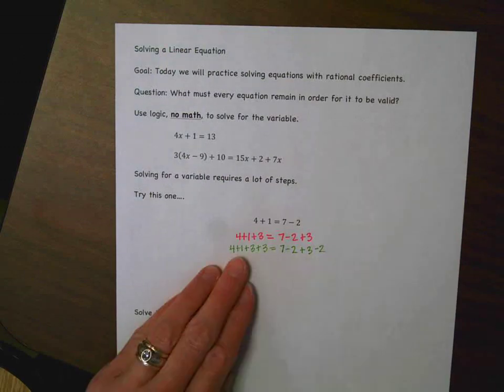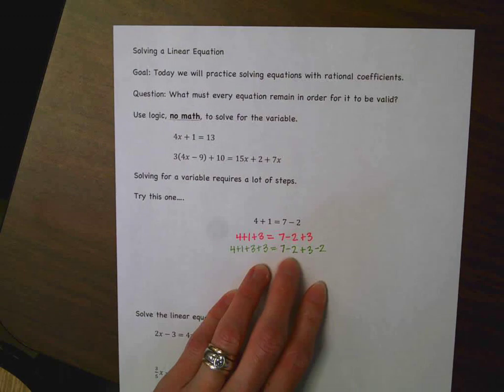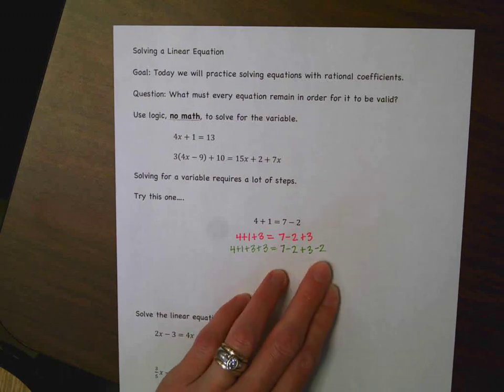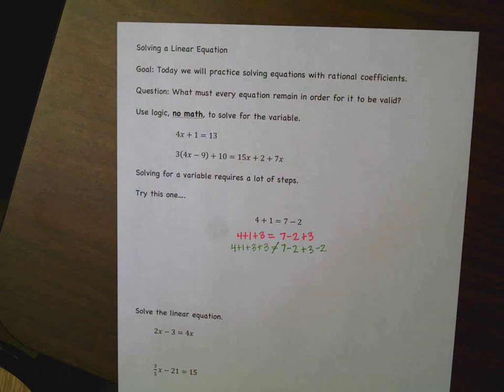Is it true? Well, 4 plus 1 is 5, plus 3 is 8, plus 3 is 11. 7 minus 2 is 5, plus 3 is 8, minus 2 is 6. They are no longer even, so it would not be true. Now, let's see, it says subtract 6 from both sides.